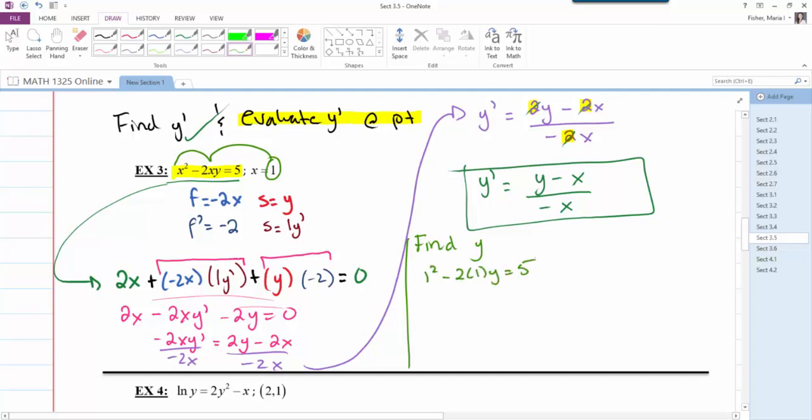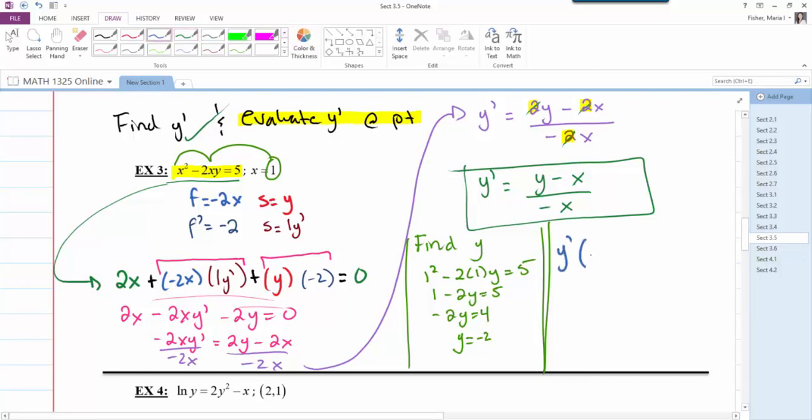So what I need to do is plug in a 1 in place of the x's and solve for y. So I get 1 squared minus 2 times 1 times y is equal to 5. So I end up with 1 minus 2y is equal to 5. Subtract 1 from both sides, and I get negative 2y is equal to 4. Divide both sides by negative 2, and y is equal to negative 2. So now I know what x is and what y is, so I just have to evaluate my y prime at that indicated point.